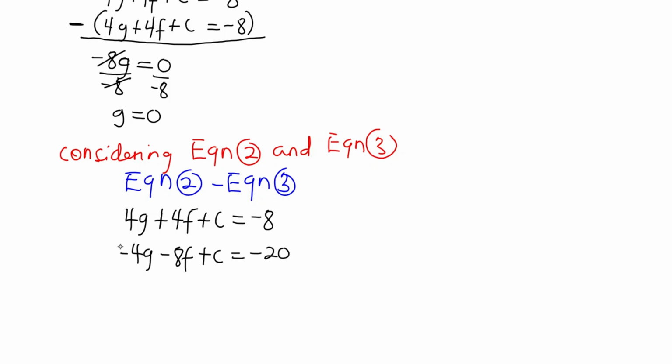Since we are subtracting, the subtraction sign affects that of equation 3. So we find the solution as such. 4g minus minus 4g, we know it's going to be 8g. So that gives us 8g. And here we can see that 4f minus minus 8f gives us the plus of 12f.